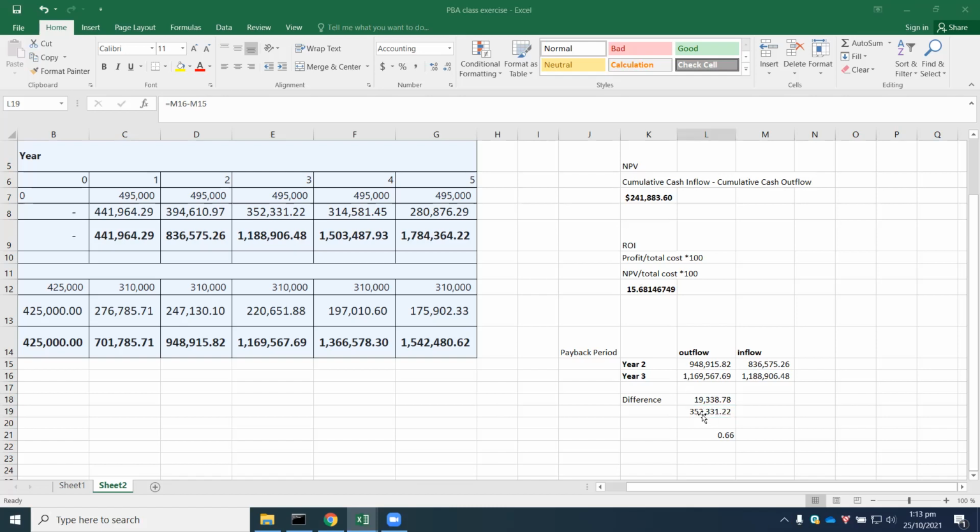Okay, now this is correct. The total amount that you get between a year, this is definitely correct. What about this value? Something is wrong in there. Can you go and cross-check what is wrong in there? Now, at the moment, what I have done is I have subtracted the values for year 3, inflow minus the outflow. Is that correct?